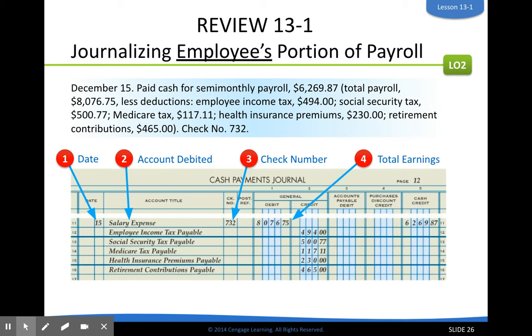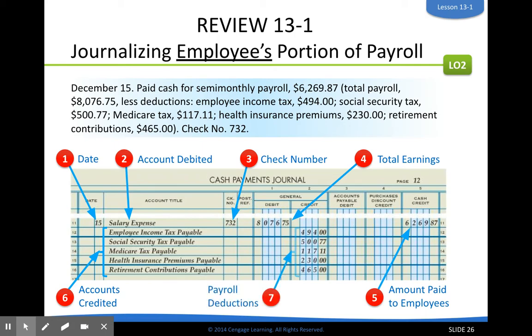We had our total earnings. We calculated the amount we actually paid to our employees by taking our total earnings, $8,076.75, and subtracting all of our credited payable accounts. That is how much we actually wrote a check for. So that is what we did in 13-1.